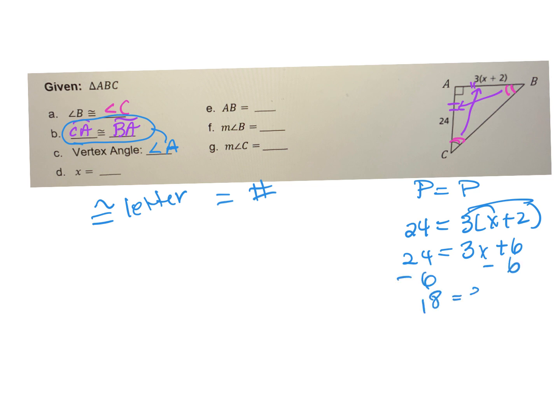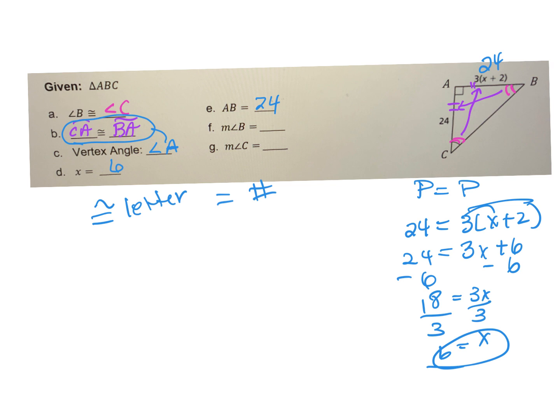I have 18 equals 3x. We're going to divide by 3. X equals 6. So everywhere I see an x, I'm going to put a 6. So this side right here would be 24. So my x equals 6. A to B is 24. Technically, we didn't have to do anything at all because we already knew that the two sides are congruent.